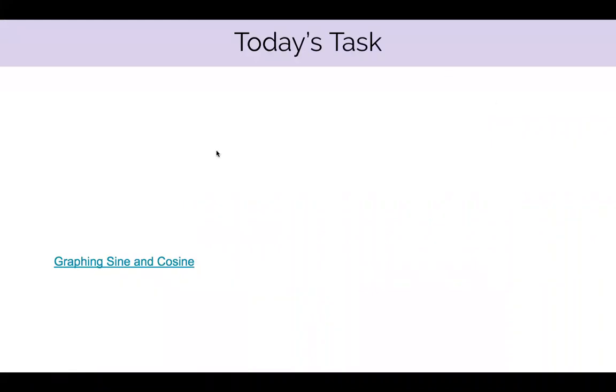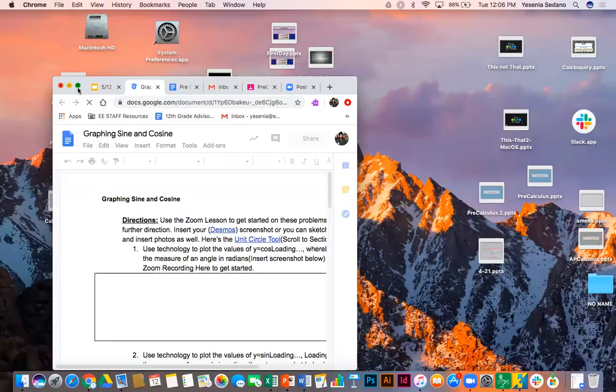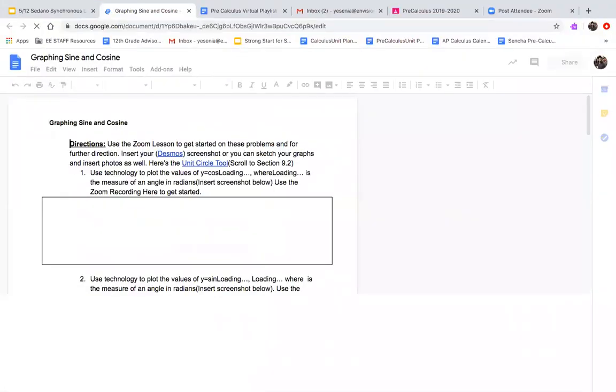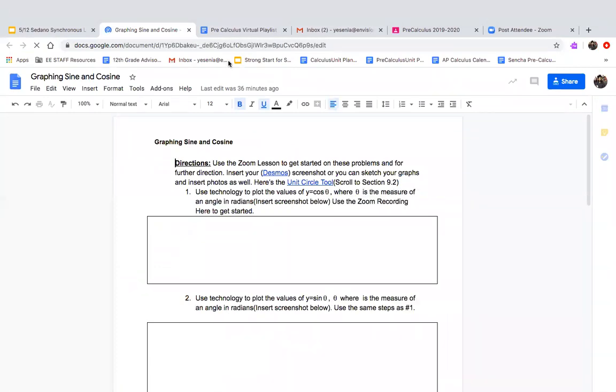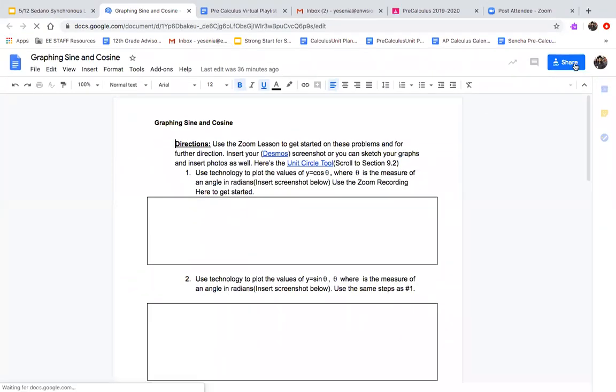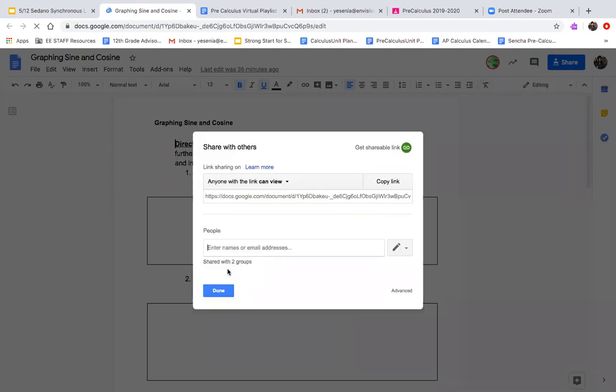Let's jump into today's task. So for this, I'm looking at this together with you. You could feel free to do this together, along with me if you want. If you're the type who wants to do it right now with me and you're on a Chromebook, then I'm going to go ahead and put the link into the chat so you have that. But if you're on your phone, it's going to be kind of hard to look at the task and look at what I'm doing.